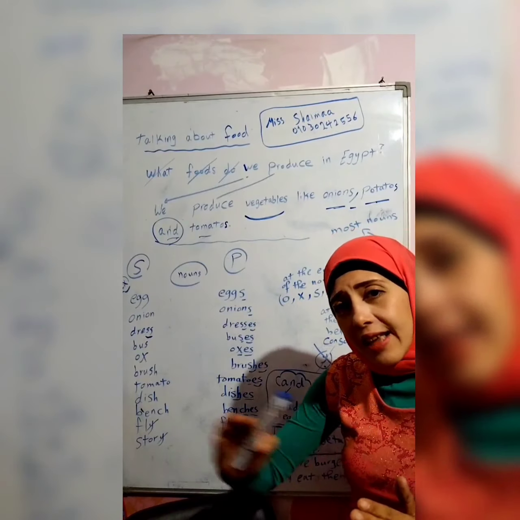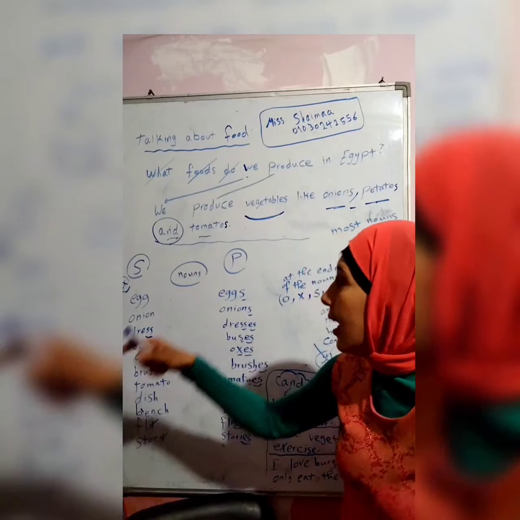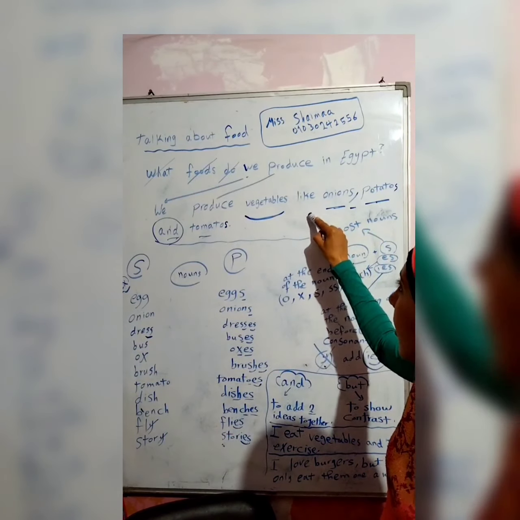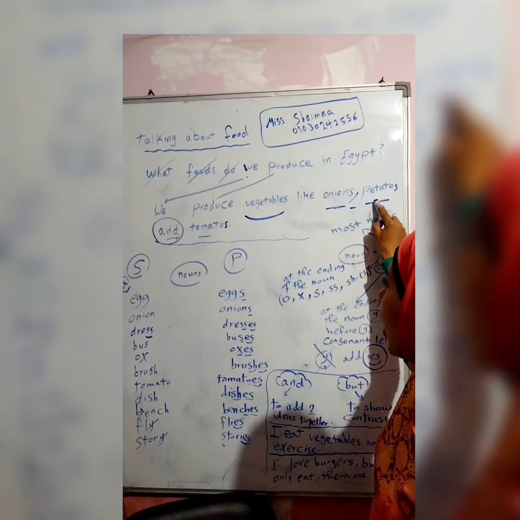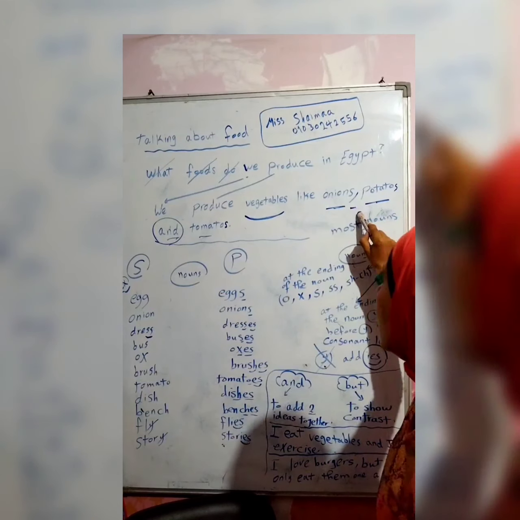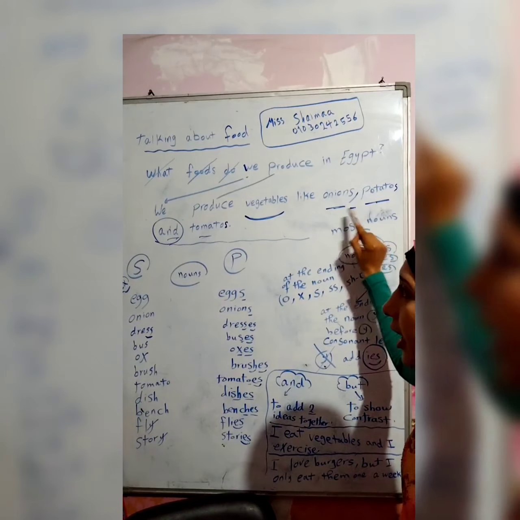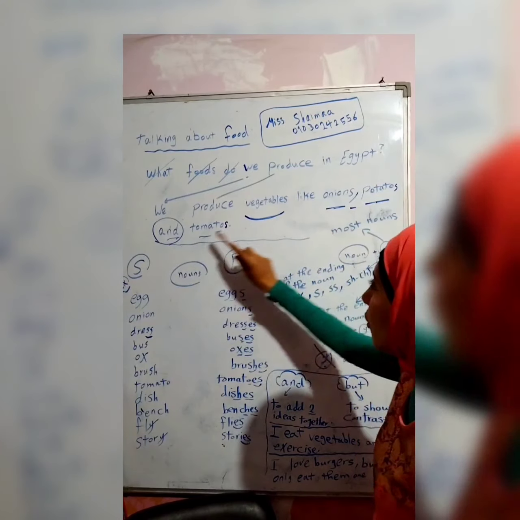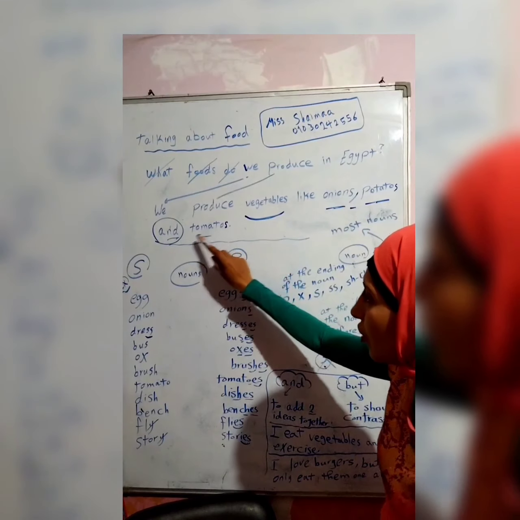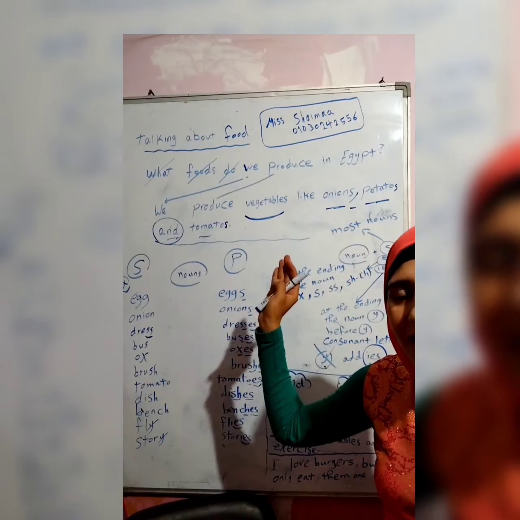After then, say the answer or the rest of the sentence. Vegetables like what? Like onions, potatoes, and tomatoes. Don't forget, put a comma between onions and potatoes. After then, between the last nouns, potatoes and tomatoes, put the word and to join between them.